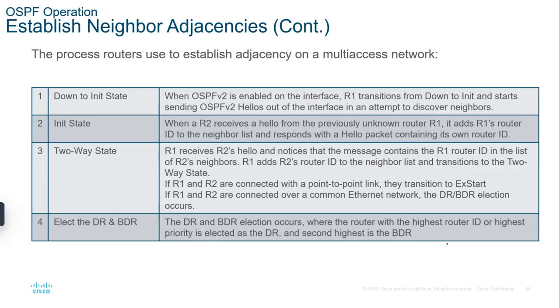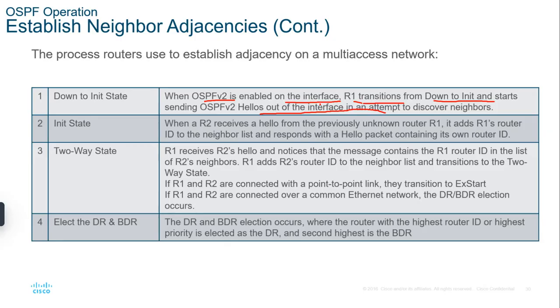So starting with down: when OSPFv2 is enabled on an interface, router 1 transitions from down to init and starts sending hellos out of the interface in an attempt to discover neighbors. So in that process, when it is sending a hello message, it is trying to discover the neighboring routers.